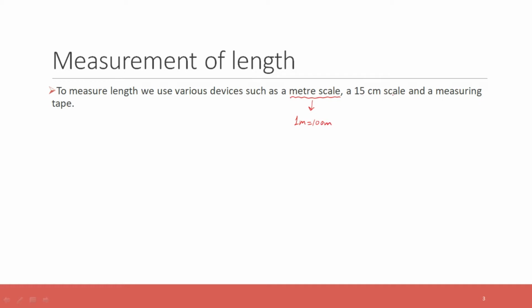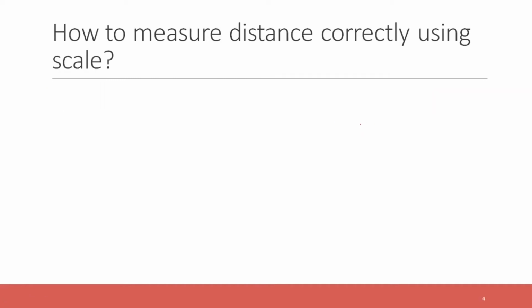A 15 centimeter scale is the one you use daily for stationery purposes. It is made of plastic and is small in size. Similarly, a measuring tape is a long tape which you can use to measure large distances.